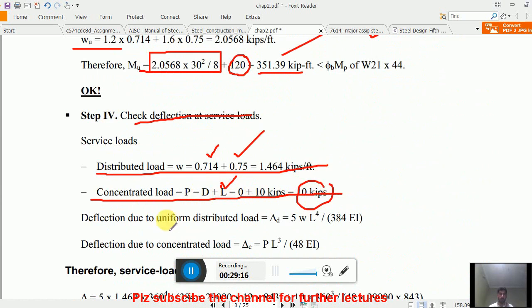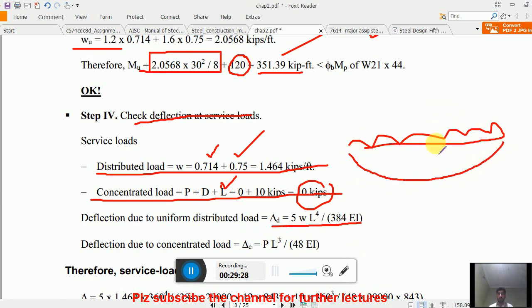Now, deflection due to uniformly distributed load. Remember, uniformly distributed load gives you a deflection. For example, if you have a beam and it deflects due to uniformly distributed load, this is your deflection, delta. Due to UDL on a simply supported beam, the deflection will be calculated by this formula.